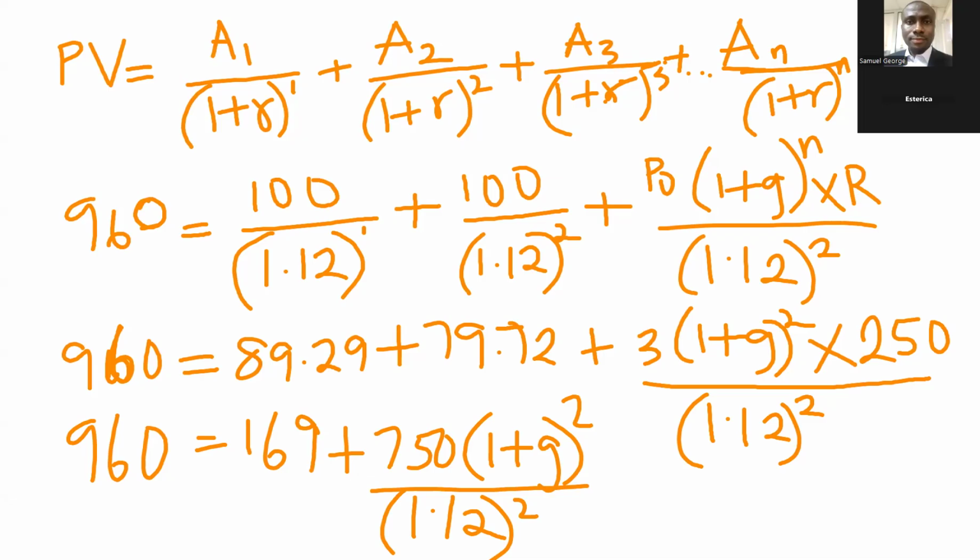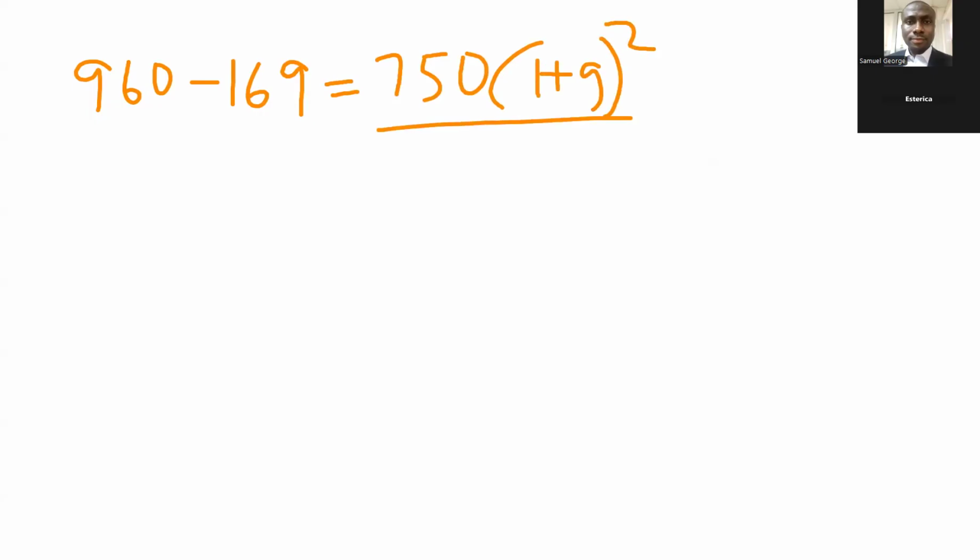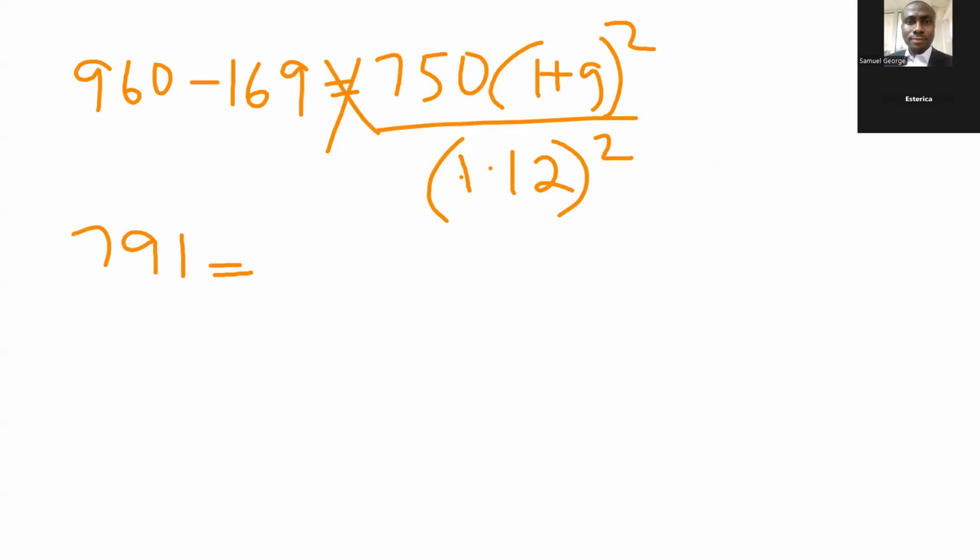It will now be 960 minus 169 equal to 750 times 1 plus G raised to power 2 divided by 1.12 raised to power 2. 960 minus 169 gives me 791. And I cross multiply straight up like that.